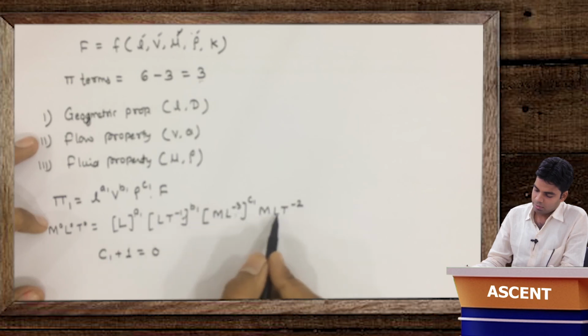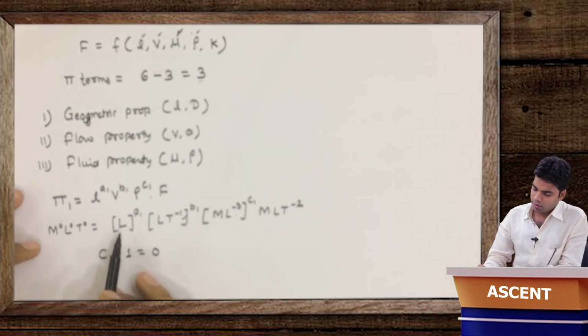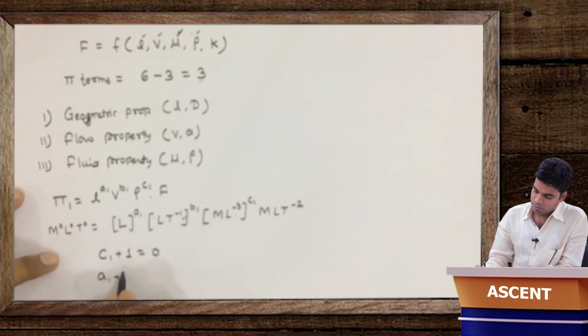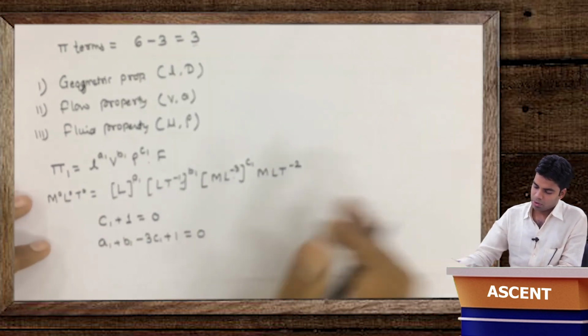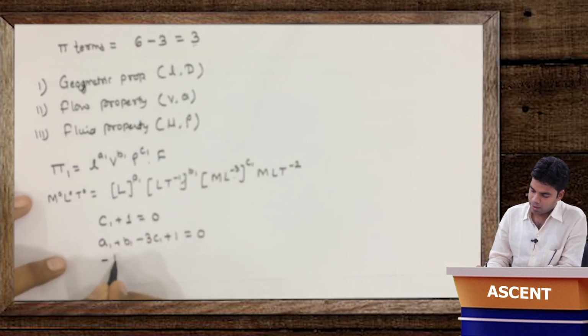Next, equating the powers of L, this will be a1 plus b1 minus 3c1 plus 1, equal to 0. And third, equating the powers of T, we get minus b1 minus 2c1 is equal to 0.